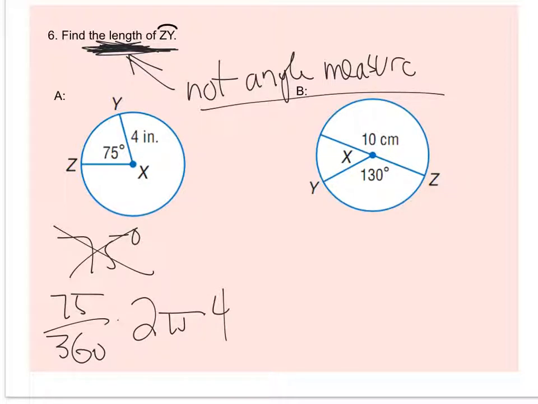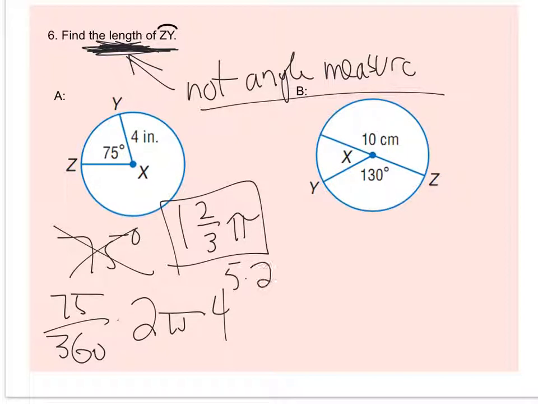So 75 divided by 360 times 8 is going to be 1 2/3 pi. That would be an acceptable answer. Or if you really want to multiply it by pi, I suppose knock yourself out. You'd end up with 5.233 repeating. So either one of those would be fine.